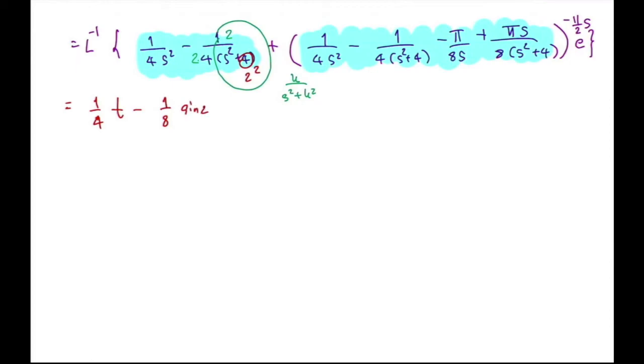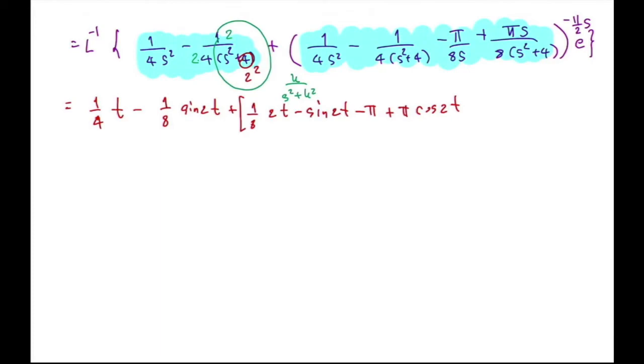sin 2t plus, again guys, here is 1 over 8, it's 1 over 8 times (2t minus sin 2t minus pi plus pi cos 2t).